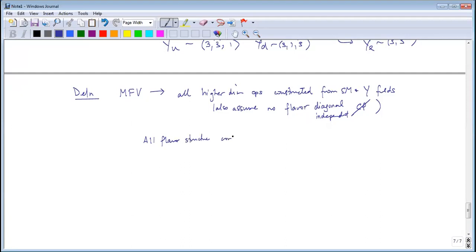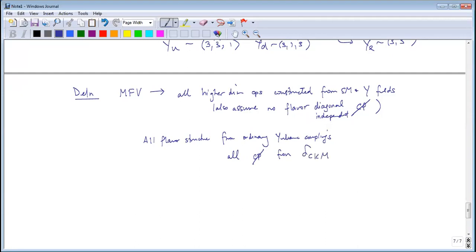So the idea then is that in such a theory, all flavor structure is from the ordinary Yukawa couplings, and all CP violation is from the delta CKM. Okay?